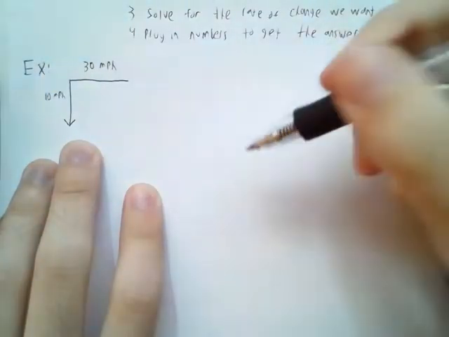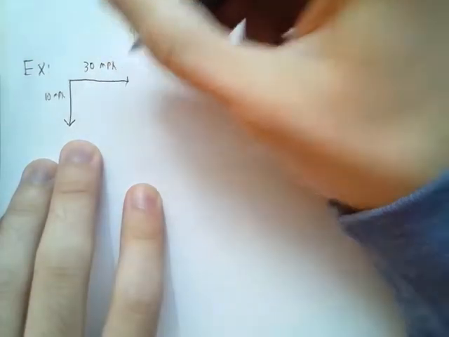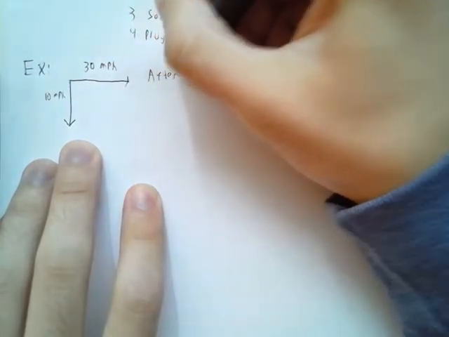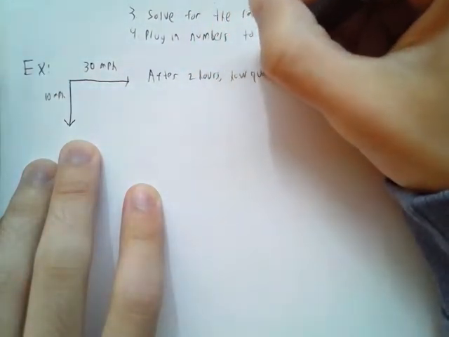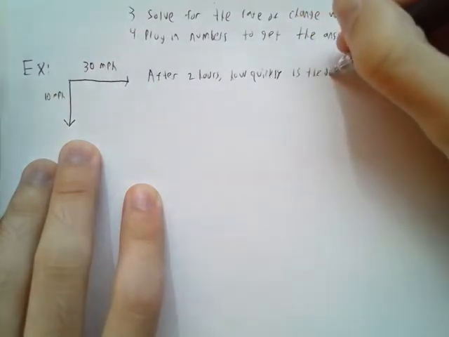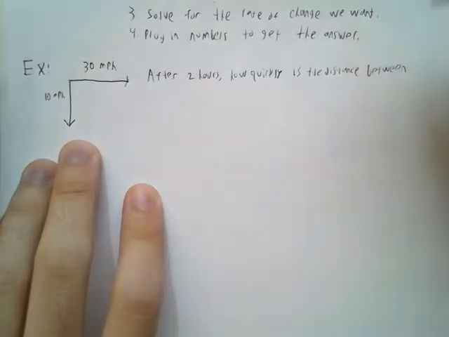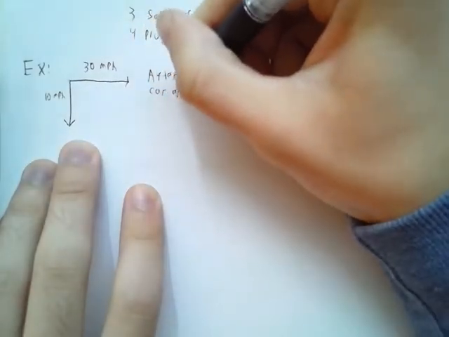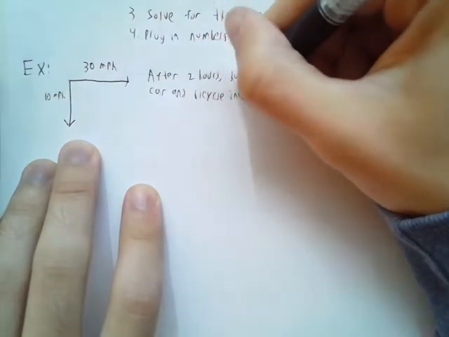And they start from the same point, and we'd like to know after 2 hours how quickly is the distance between car and bicycle increasing.